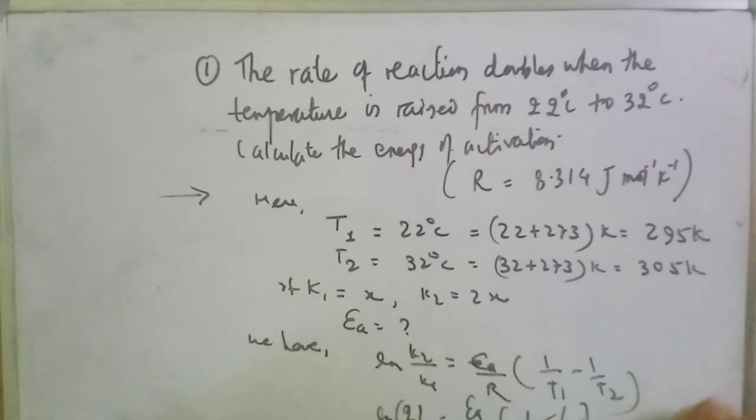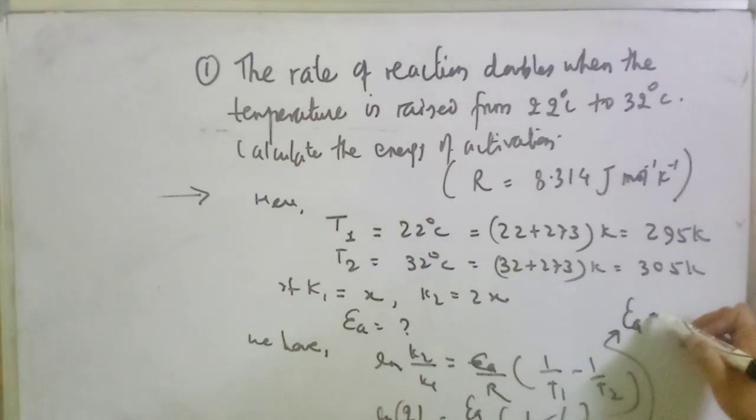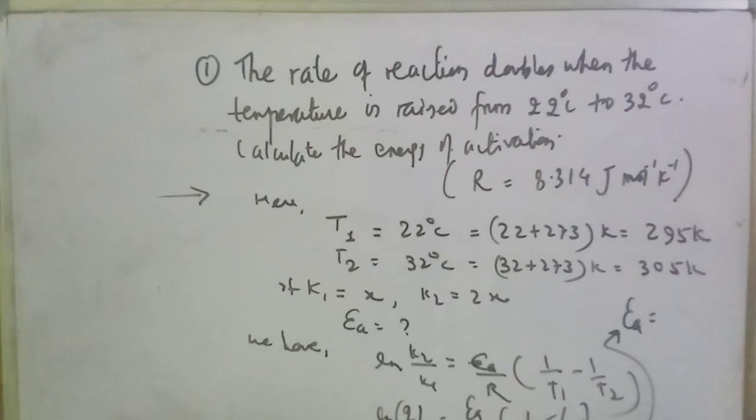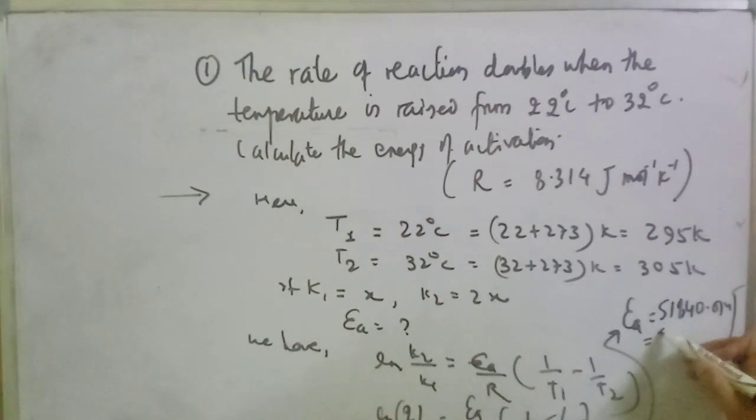So if you calculate by putting all the values of T1 and T2, you get 51840.014 joule, which can be converted into kilojoule, that is 51.84 kilojoule. Okay, this much is the energy of activation.